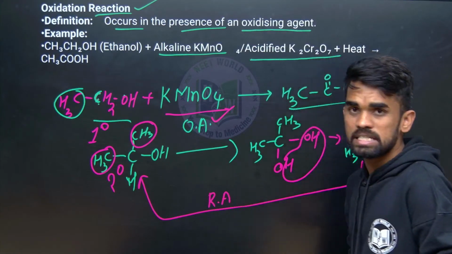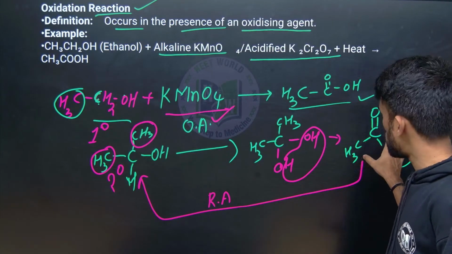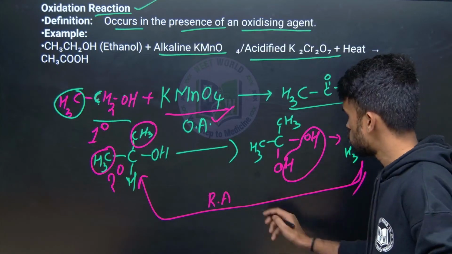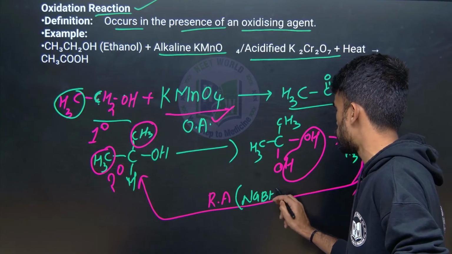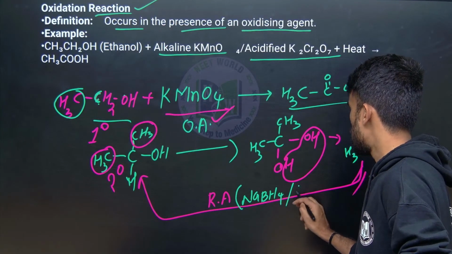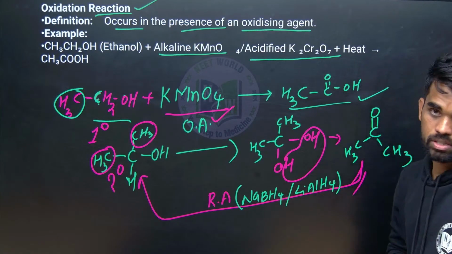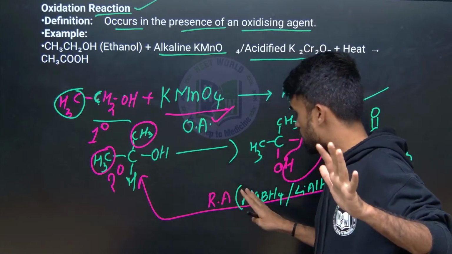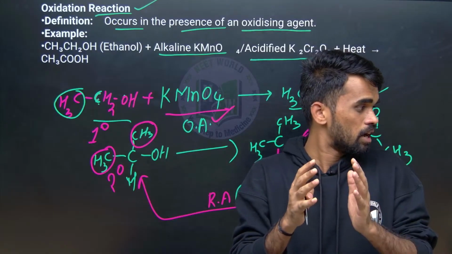A reducing agent will reduce these compounds, ketones to alcohols. The suitable reducing agents here are NaBH4, sodium borohydride, or lithium aluminium hydride. These are all reducing agents. Okay, so you have studied something about oxidizing agents, reducing agents, and how they work at a basic level, right?